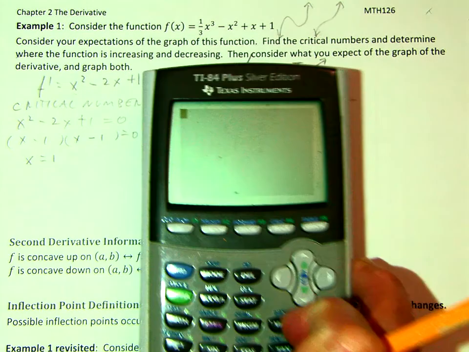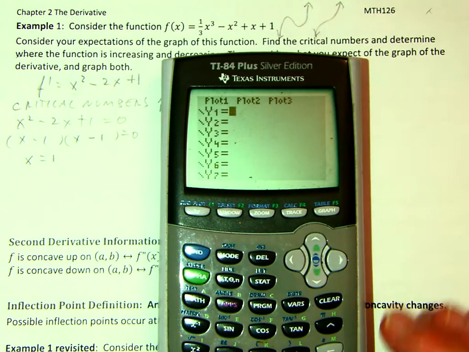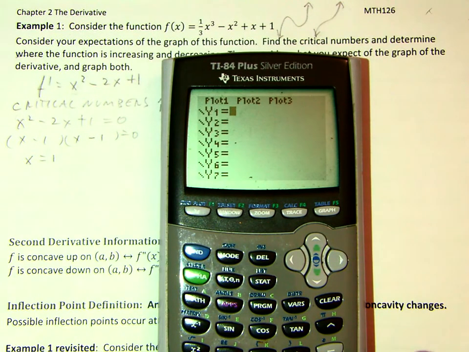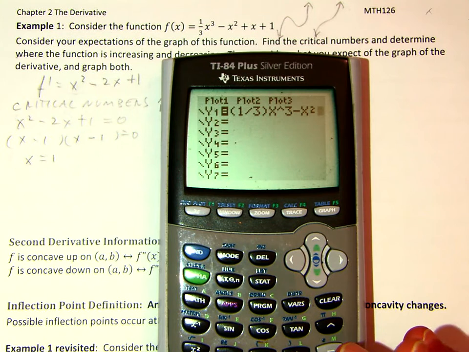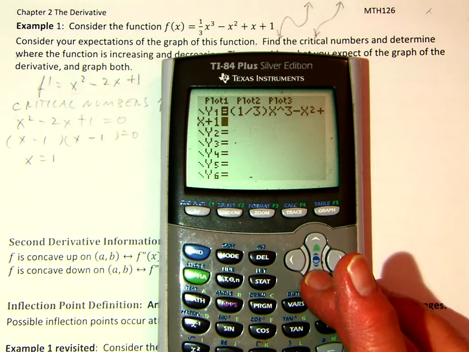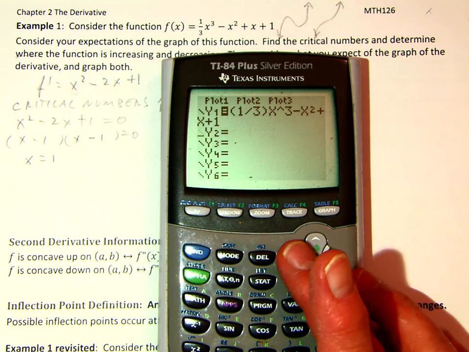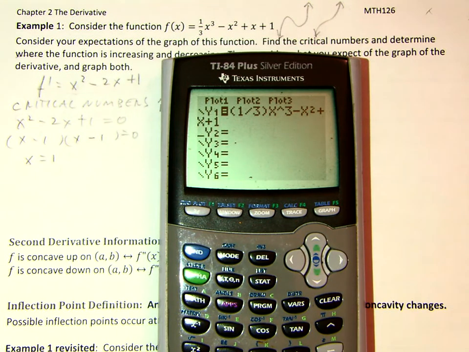So let's look at the graphs now. So I'm going to put in the graph of the original function first. And I'm going to go over here, and I'm pressing enter repeatedly to get some kind of distinction.